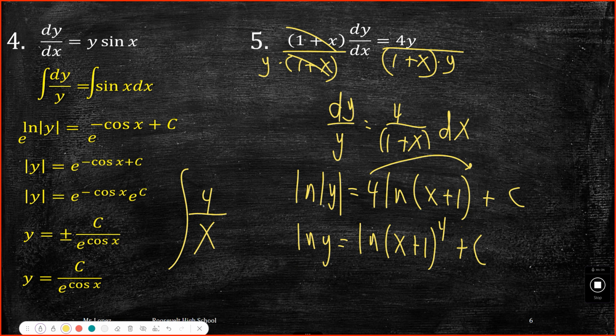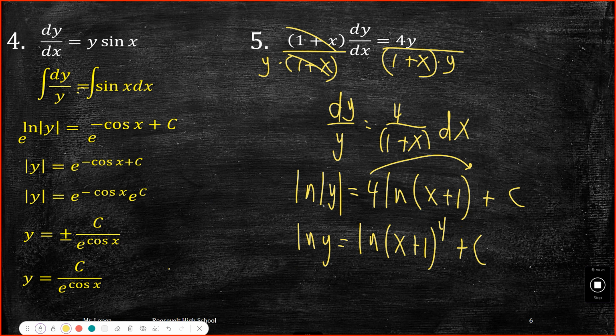ln y, ln. So we're going to just take the e of everything. Is this allowed? Let's see. Let's get rid of this so I can write here.